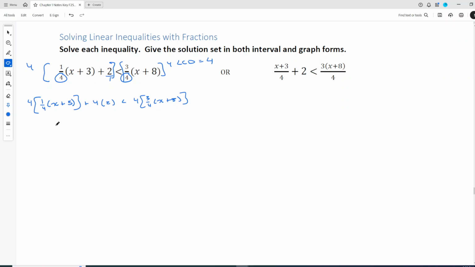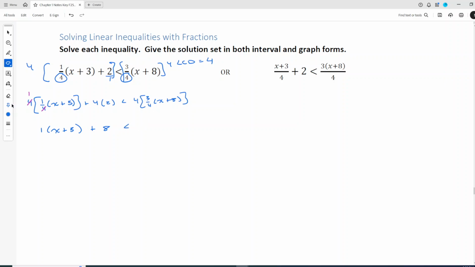Okay, now why do we do this? We do this so that we can get rid of the denominators. Here I have 4 times 1/4, which is the same as 4 divided by 4, which is 1, right? I'm left with 1 times (x plus 3). And then I still have this 4 times 2, which is 8.